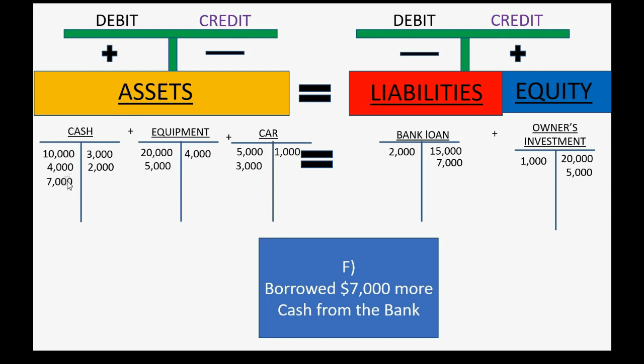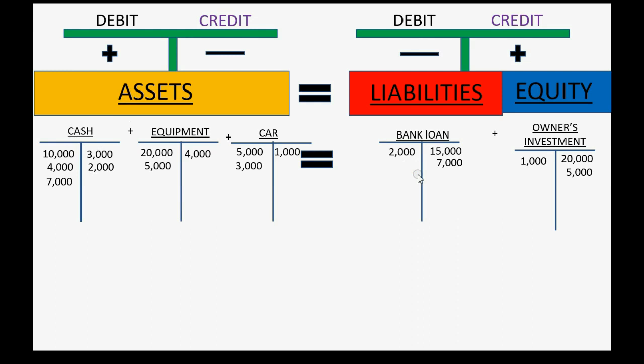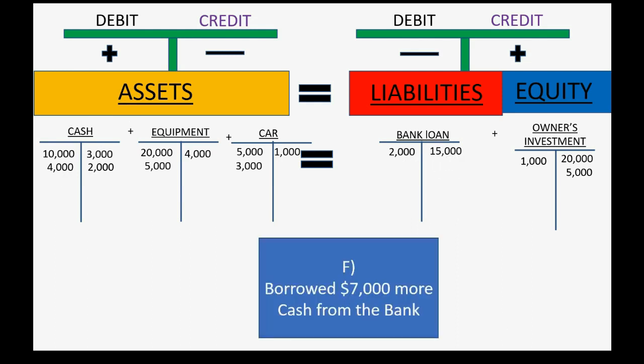If cash is debit, then the other account in the transaction, the bank loan, must be credit. Now, does it make sense to credit bank loan? Well, the bank loan is increasing, and a liability that's increasing gets a credit. So bank loan must be credit for transaction F for the $7,000. Therefore, cash must be debit.